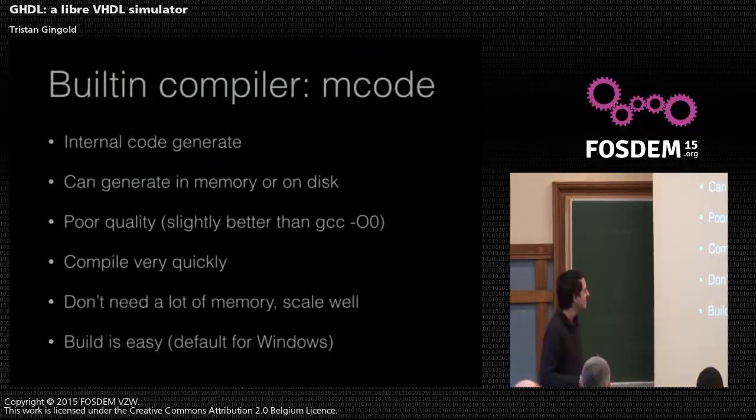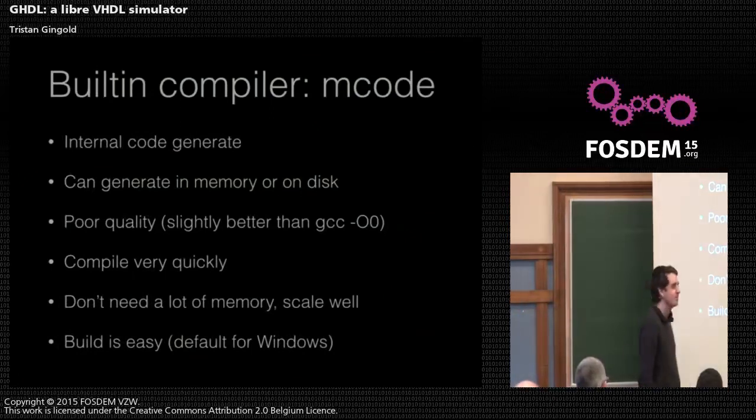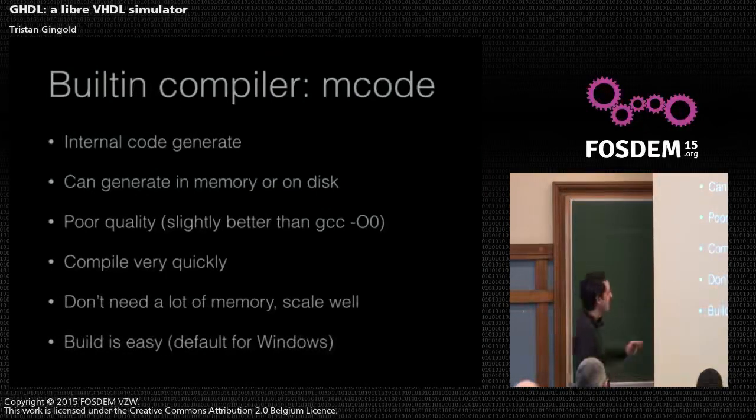It's slightly better than GCC -O0, which is, as you may know, very bad code, but is much slower than GCC -O2. The main advantage is that it compiles very quickly. It's very fast, and it doesn't need a lot of memory. When you have a big VHDL model, with the mcode generator it starts almost immediately.